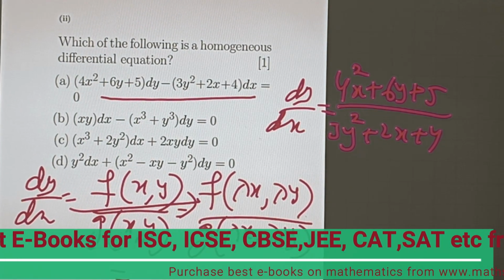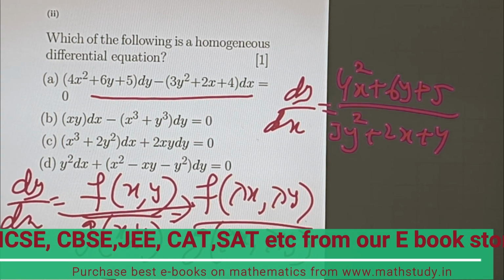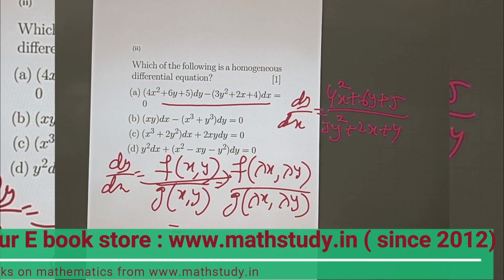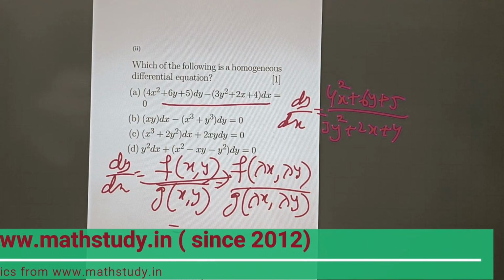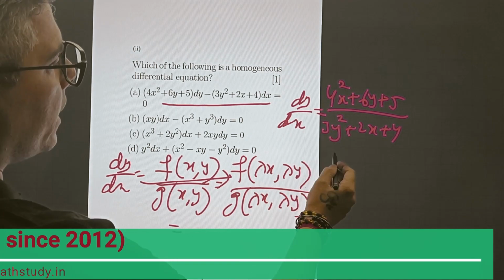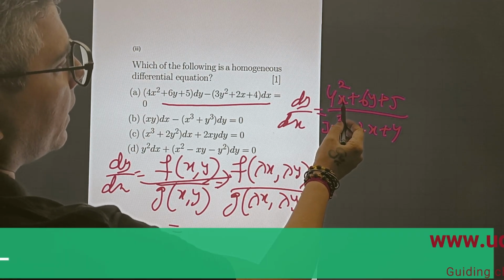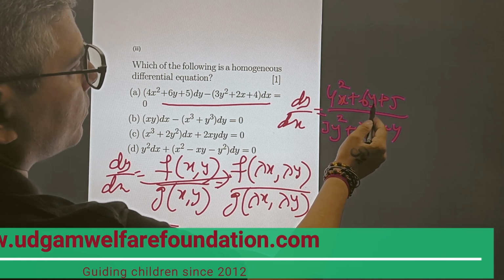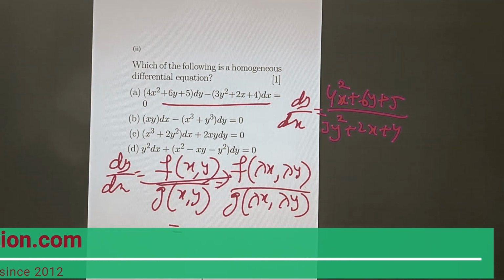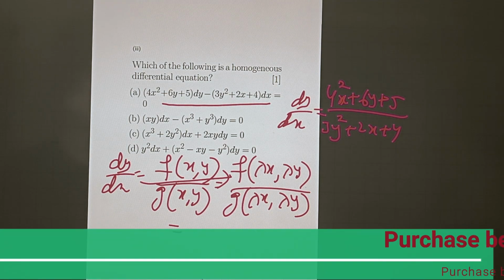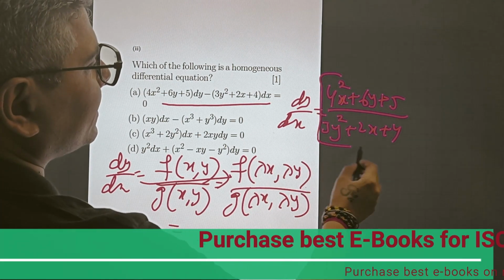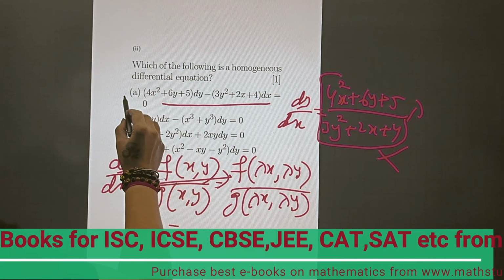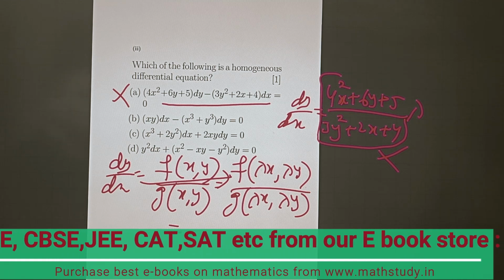In such questions, you need not simplify by putting lambda and wasting your time. If we multiply x square with lambda and y with lambda, we won't be able to take out lambda as a common term, so it is not going to cancel. So this is not the correct option.